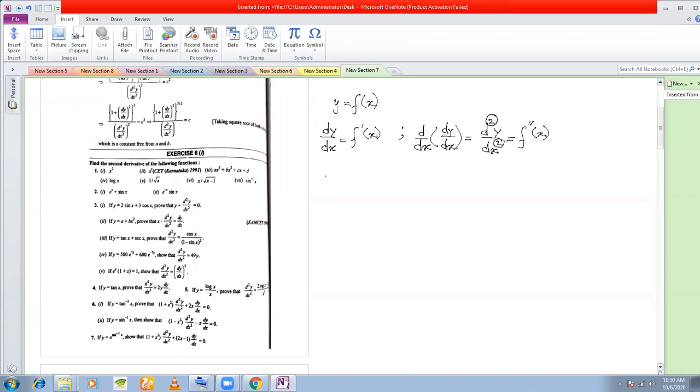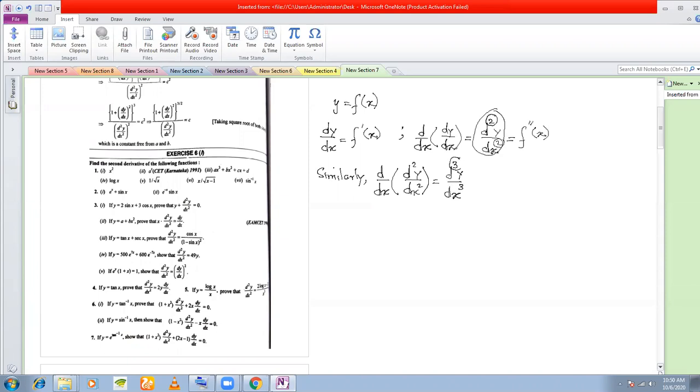Similarly, d/dx, again if I differentiate this d2y/dx2, I will get d3y/dx3.